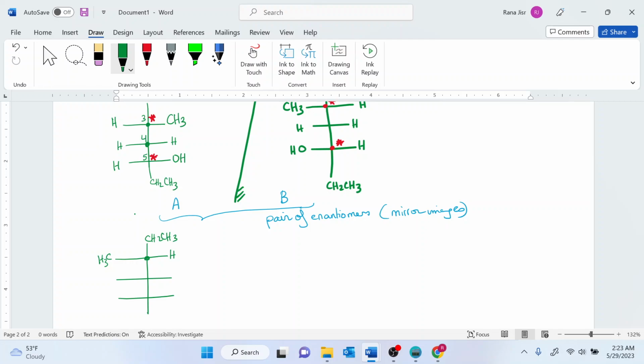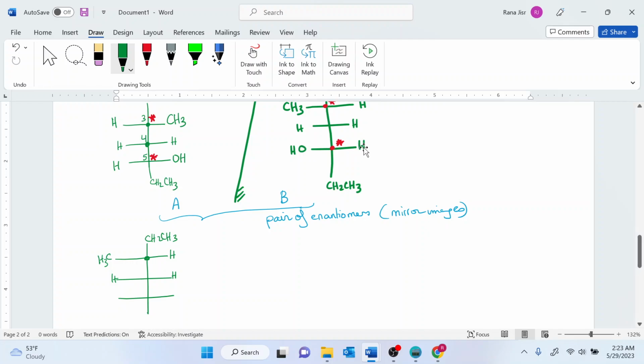And then I'm going to rotate the second chiral center. Rotation of the second chiral center is always along the horizontal line. So again, you keep the vertical line the same and you rotate 180 degrees every single time to go from one stereoisomer to the other.